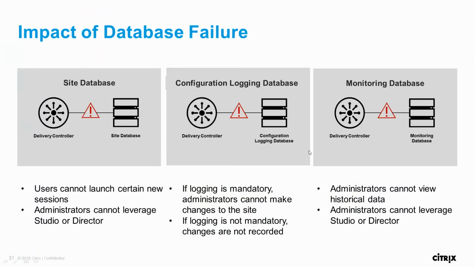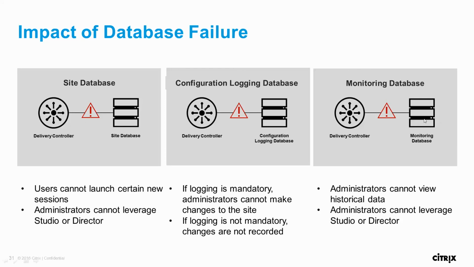Then the third one is the monitoring database. When the monitoring database is down, the administrator cannot view historical data. That means if a user is accessing the last one week or one month of data, that cannot be viewed, because each and every connection status information is stored only in the monitoring database.